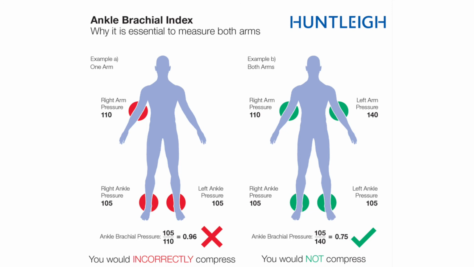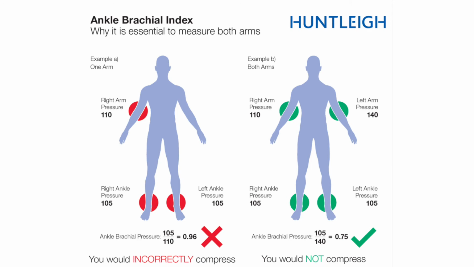You take the pressure from your ankle, which is 105, and divide it by the higher arm pressure. Between 110 and 140, of course 140 is higher, so you divide those and you get 0.75. Remember what I said just now: if it's less than 0.9, then it's highly likely that the patient has PAD.